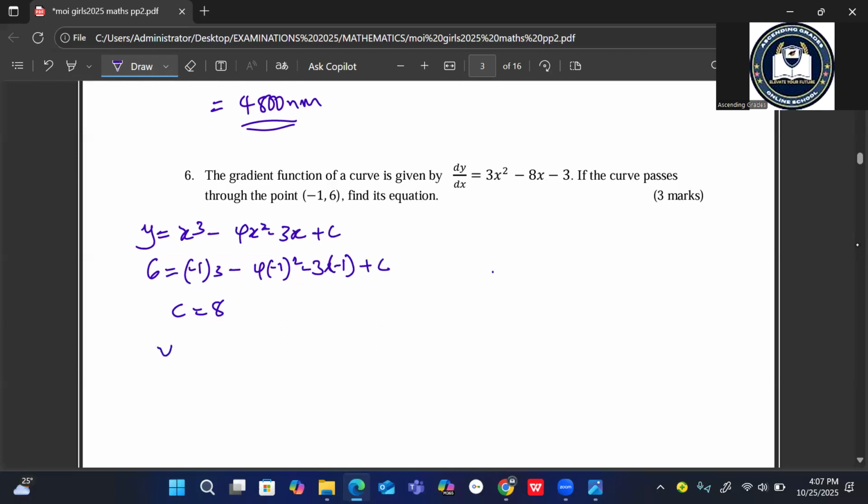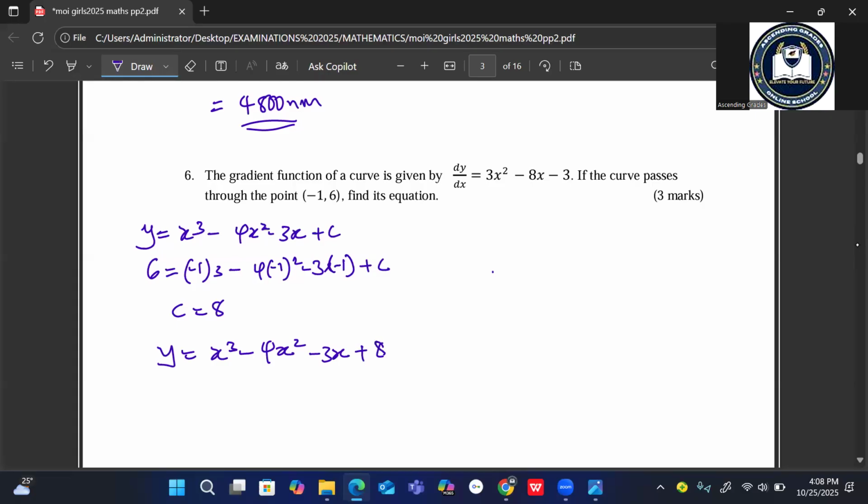So the value of y becomes x cubed minus 4x squared minus 3x plus c, which is 8.